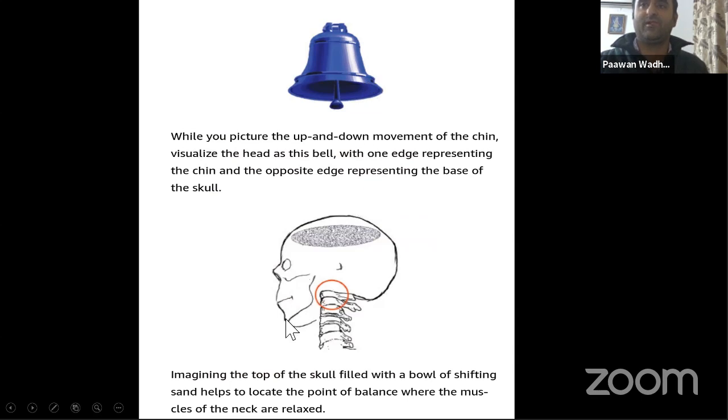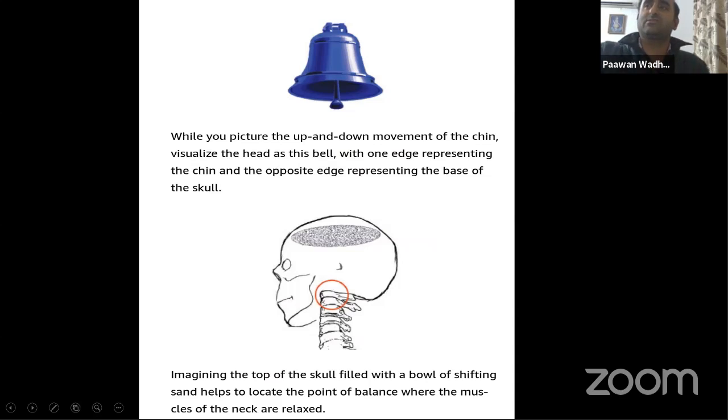This front part is the chin, and this part is backwards. And imagining the top of the skull filled with a ball of sand, which is shifting with your positions, it helps to locate the point of balance where the muscles of the neck are relaxed.